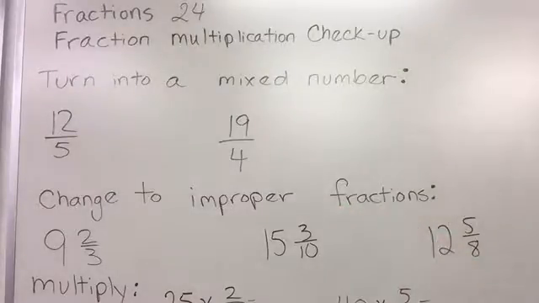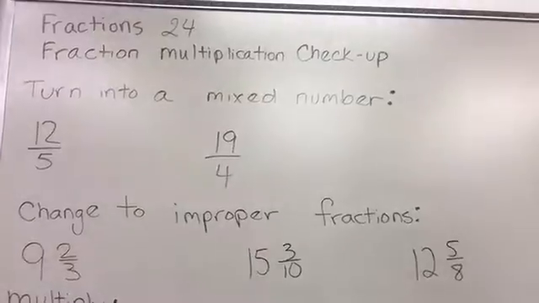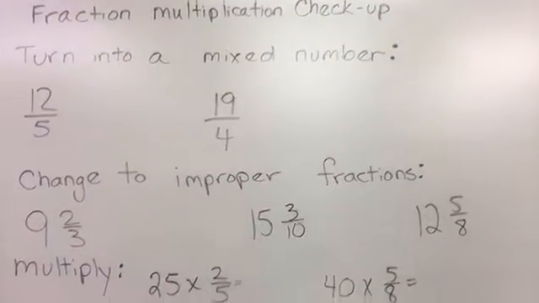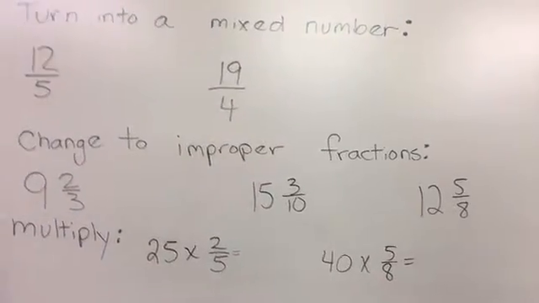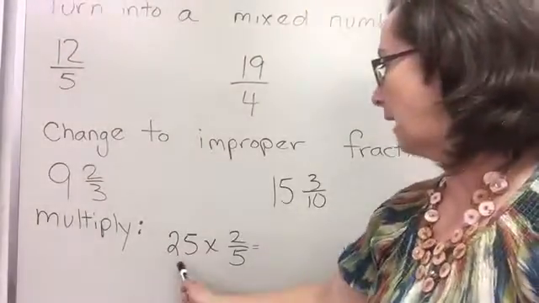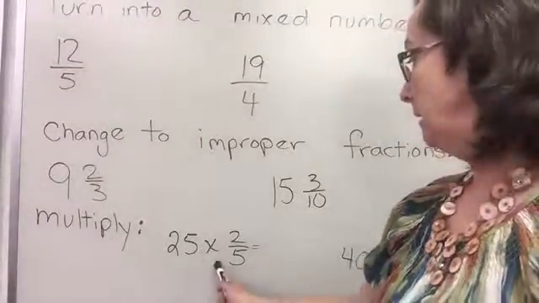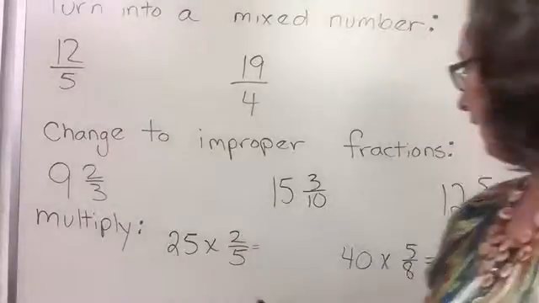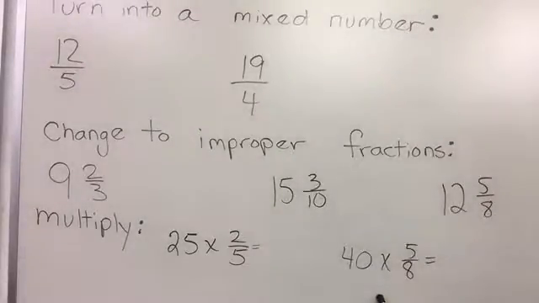Okay, and then down at the bottom of the screen is the last couple problems here. Let me get this up a little bit so you can see. All right, so down at the bottom of the screen, we have multiply 25 times 2/5 and 40 times 5/8.